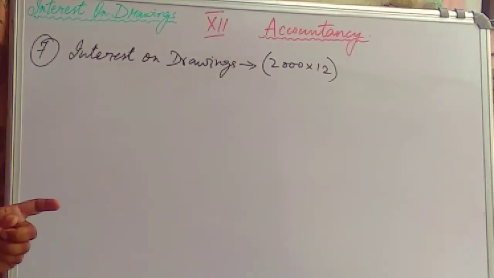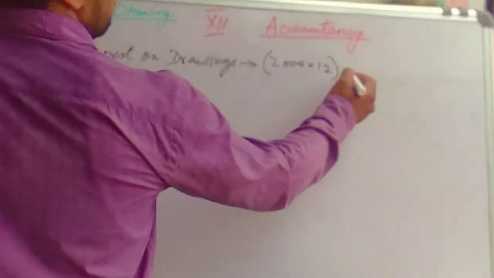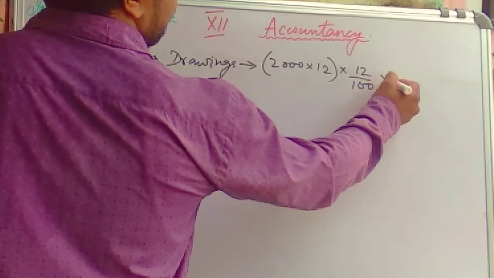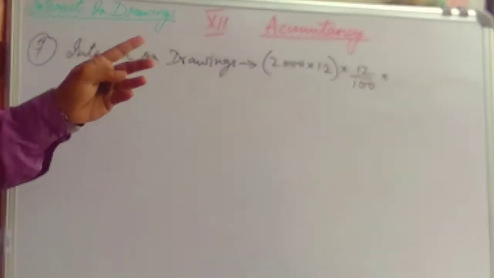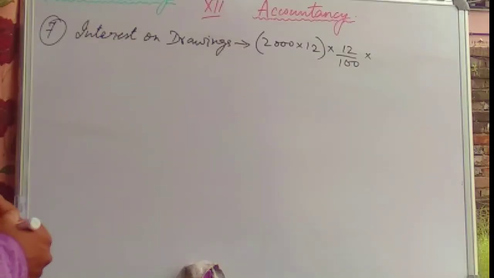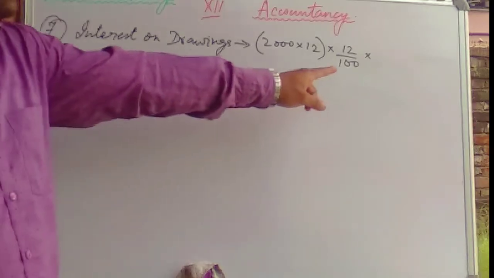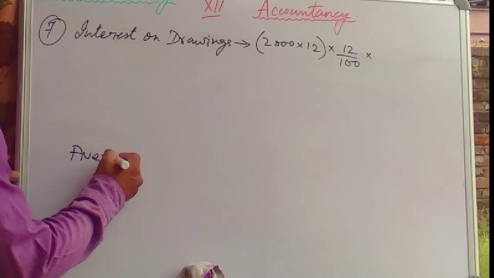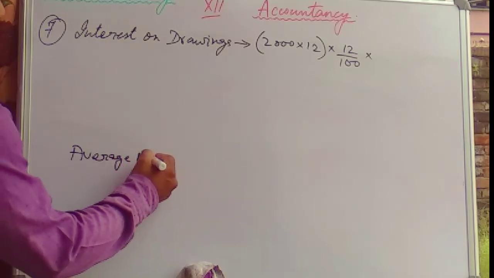And what is the rate of interest? The rate of interest is 12% per annum. So 12 by 100. And what is the time interval? To calculate the time, we have to take out the average month here. What is the average month?